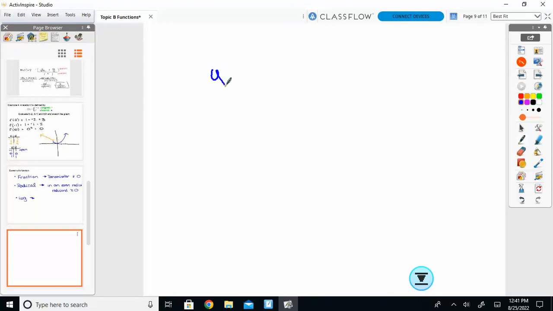Okay, so if I said like an exponential, y equals 2 to the x. You guys know what that looks like, right? 2 to the 0 power is 1. So we had 2 to the first is 2, 2 cubed is 8, 2 to the negative 1 is 1/2. That's an exponential. You guys remember those? Okay.